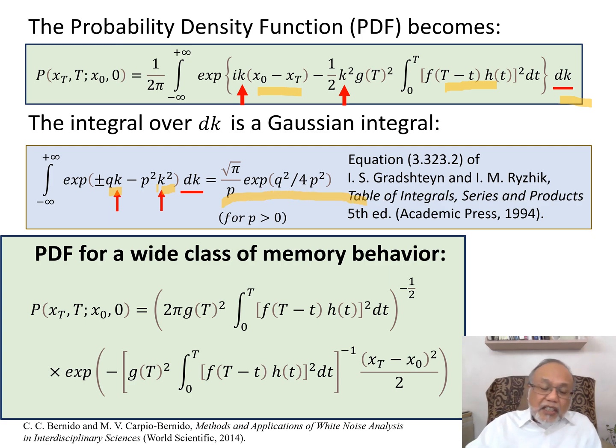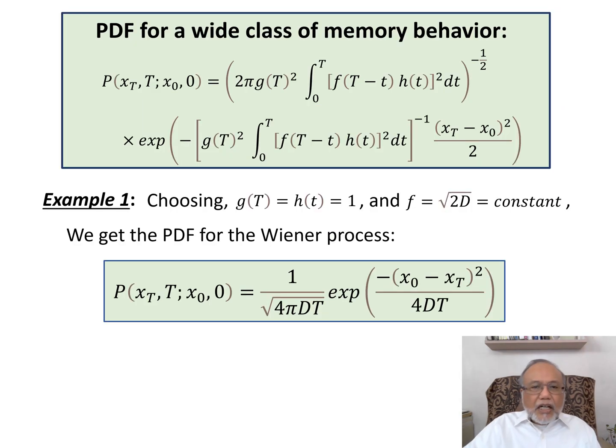By identification, you can carry out the dk integration and arrive at the closed form of the probability density function. So after carrying out the necessary integrations over the dk and the d mu, we arrive at the final form of the probability density function.